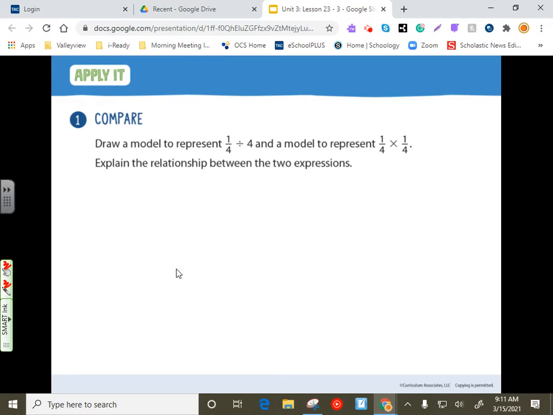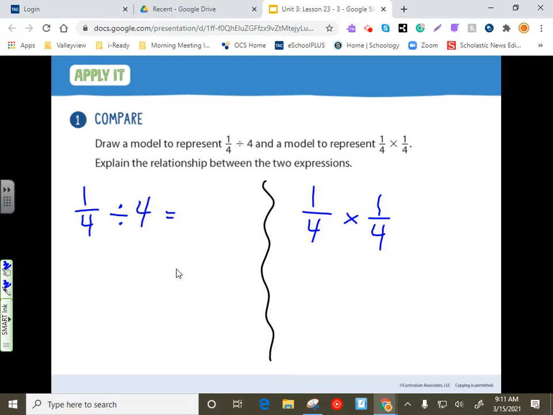And for this one, let's just do this. We're going to split our workspace into two areas. On the left, we're going to put 1/4 divided by 4. And over here, let's just do 1/4 times 1/4. So this will be a little review of multiplying fractions and dividing.